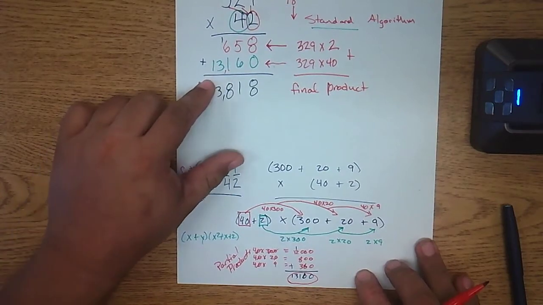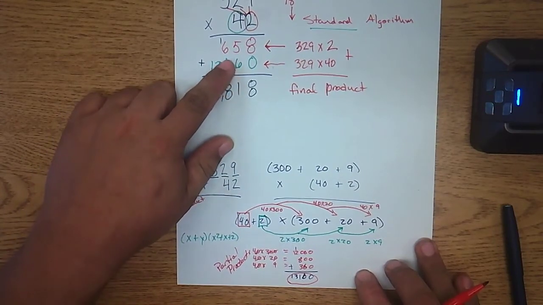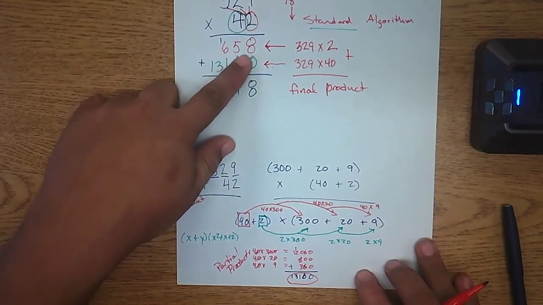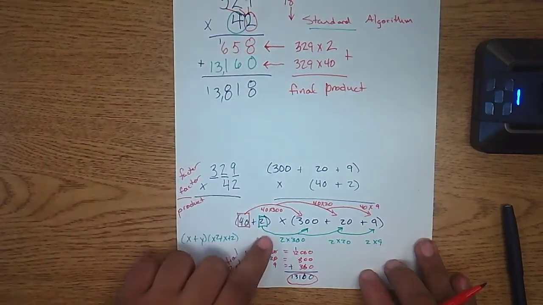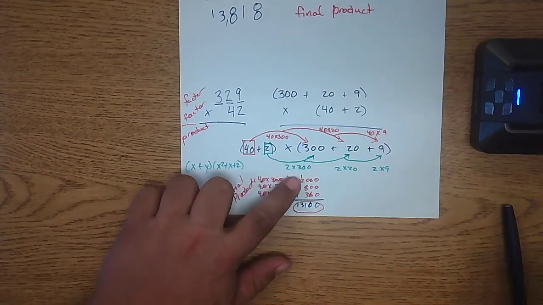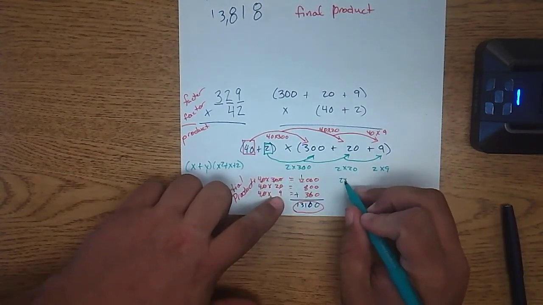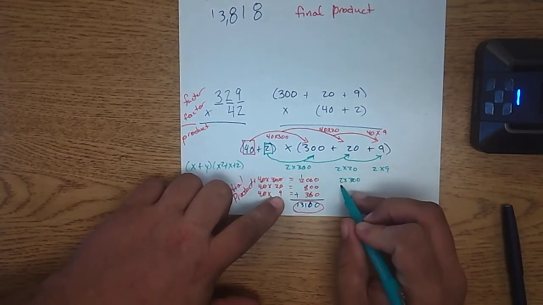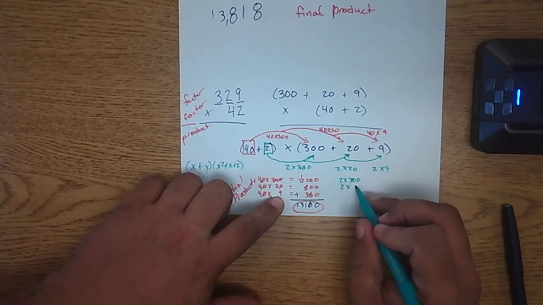We've gotten 13,160. We just need to see if we can get that 658. We should have that down here where we multiplied by 2. 2 times 300. 2 times 20.